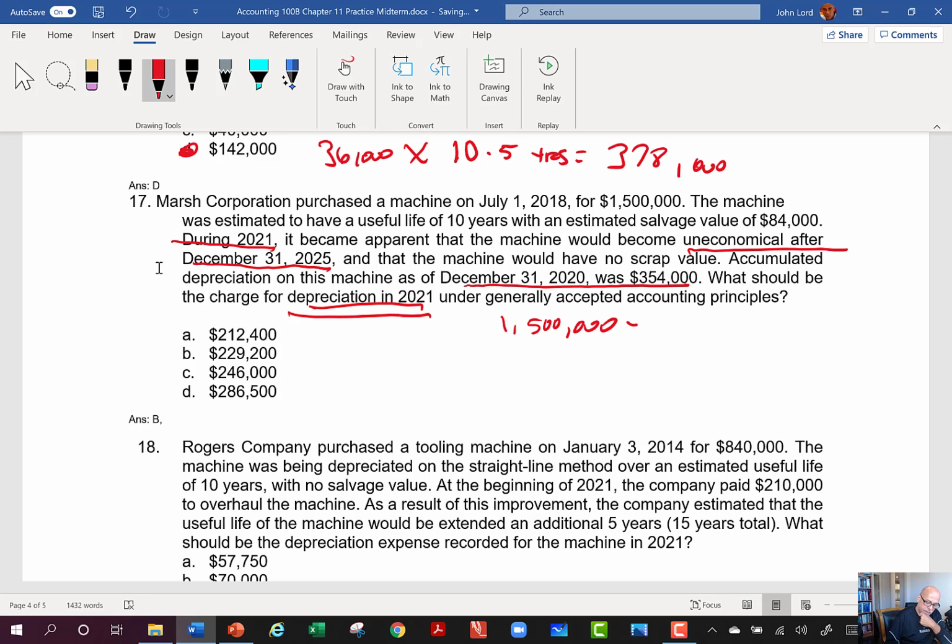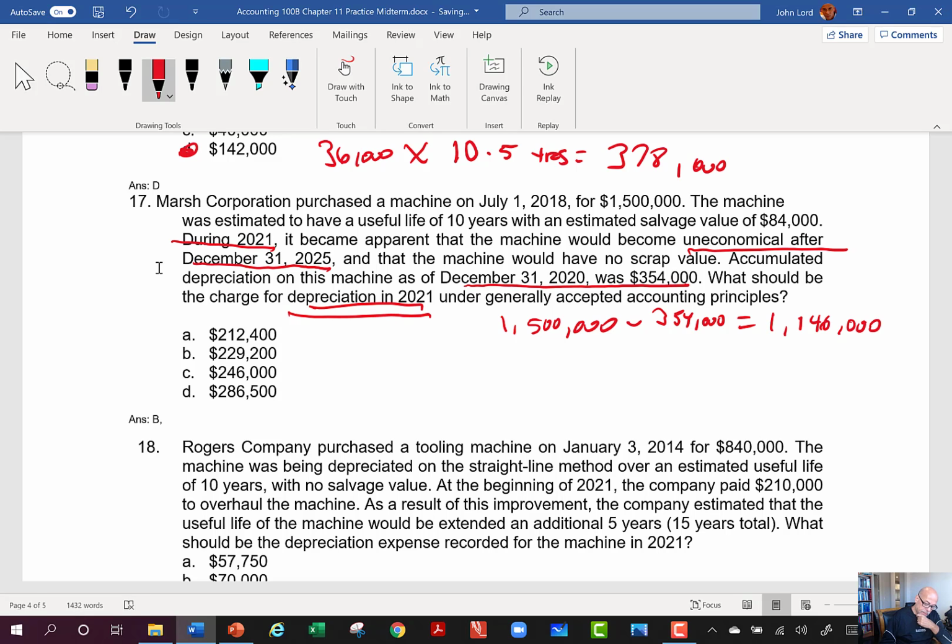For this particular asset, it was $354,000. So $1,500,000 minus $354,000 gives me $1,146,000. Okay, good.